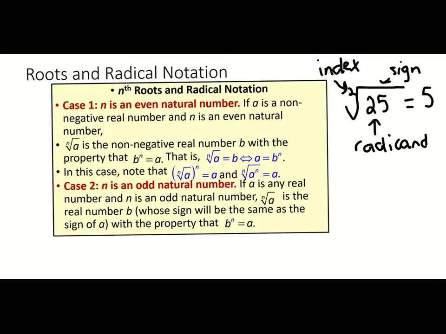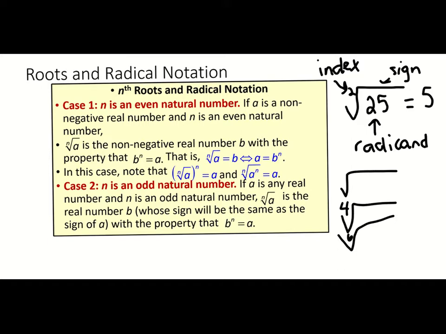And what they are telling us here is, in this first case, if n is an even natural number, that means if we have an even index, like a square root, a fourth root, a sixth root, whatever it is, then the radicand, the number inside the radical, must be a positive number.